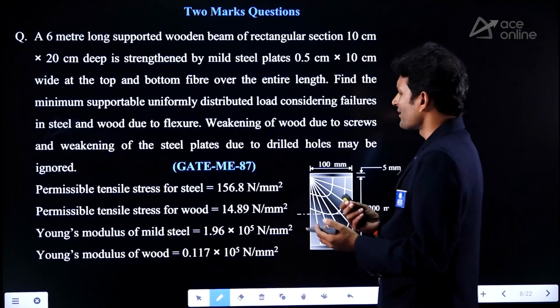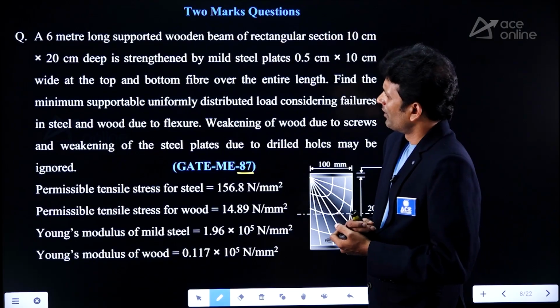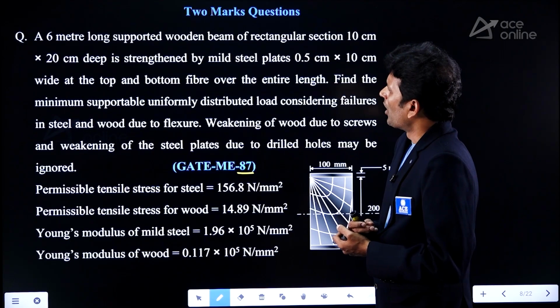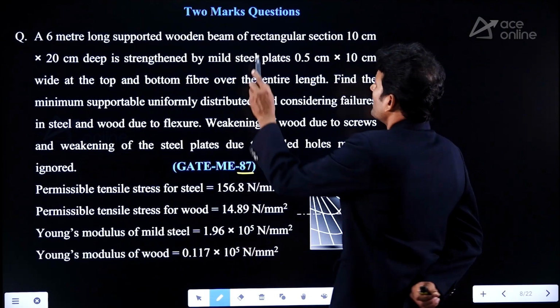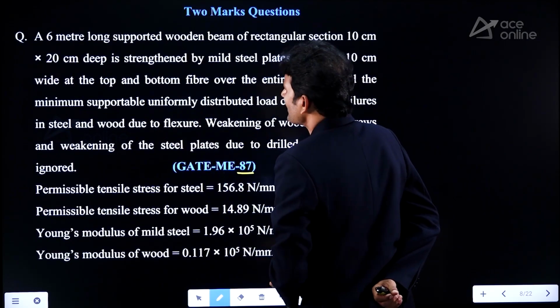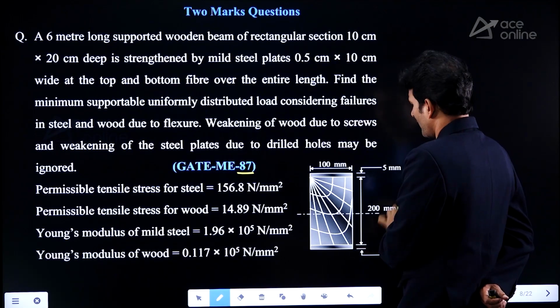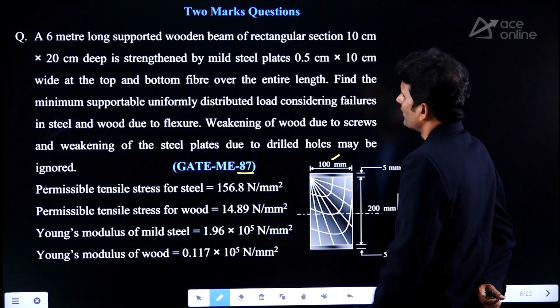Very long back it is given. 87 question. Read the question. A 6 meter long supported wooden beam of rectangular section 10 centimeter by 20 centimeter deep, that is shown in millimeters in the diagram, right? Very good.